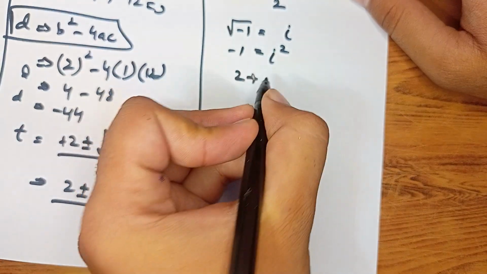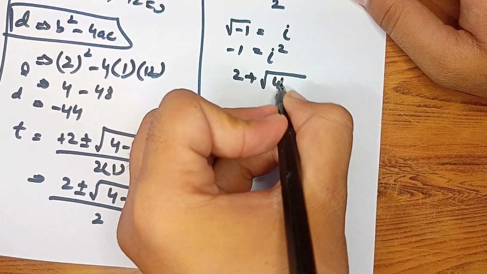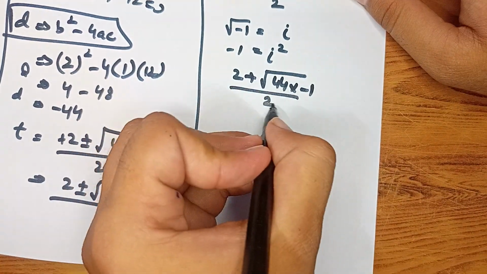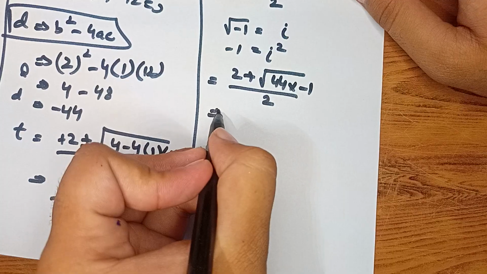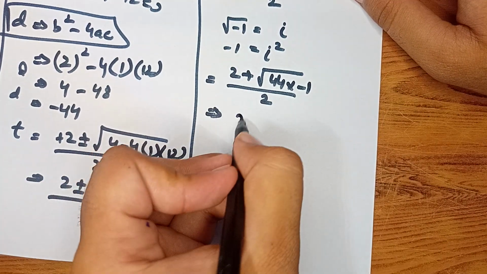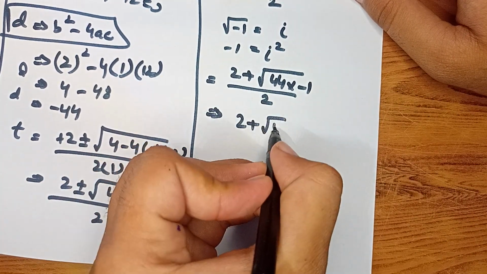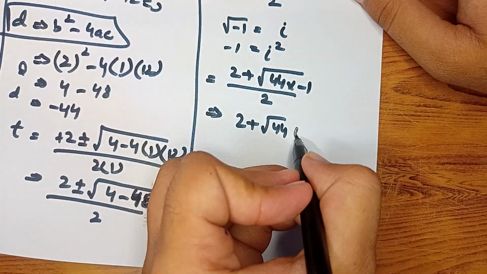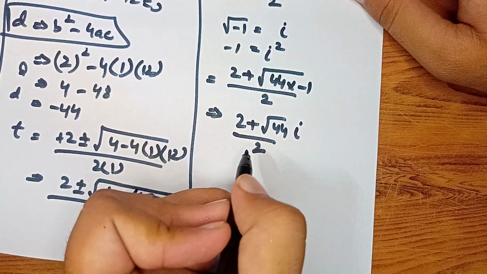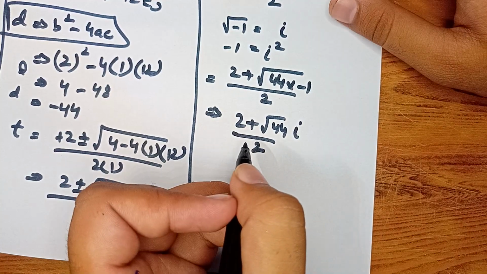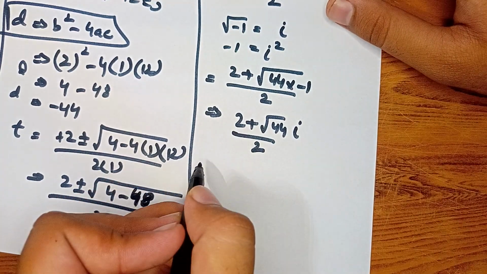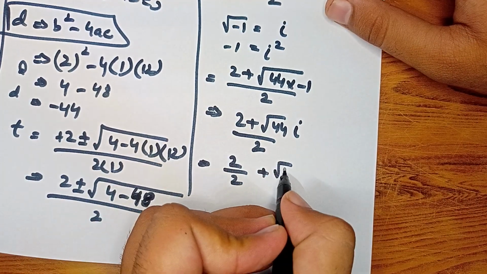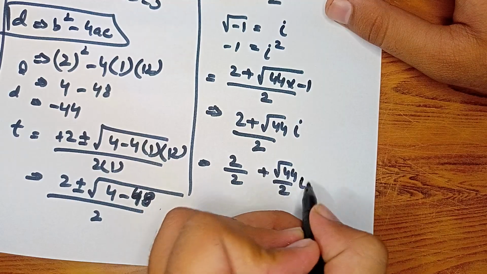For example, 2 plus minus under root 44 multiplied by minus 1, divided by 2. Under root minus 1 equals iota, so it becomes iota divided by 2. Then our answer is 2 divided by 2 plus minus under root 44 divided by 2 iota.